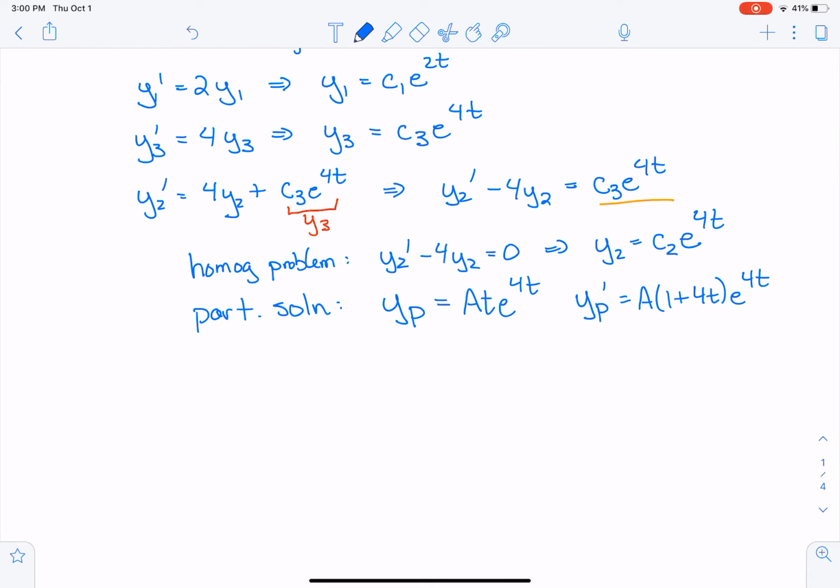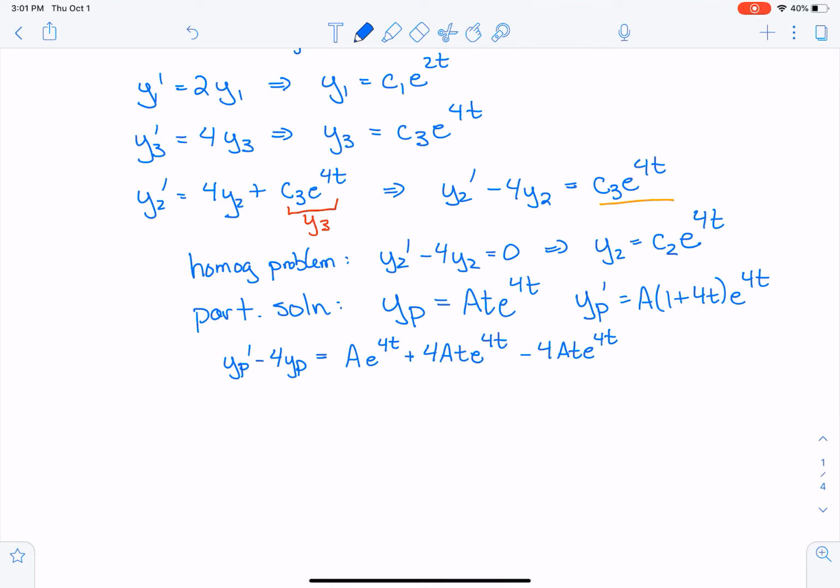Now I'm going to plug this back into my non-homogeneous problem. I want to know what is yp prime minus 4 yp. yp prime is a e to the 4t plus 4a t e to the 4t, minus 4a t e to the 4t.